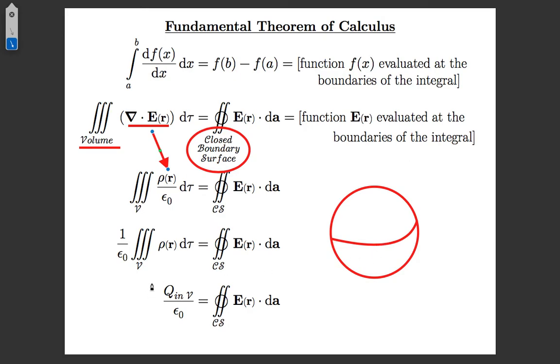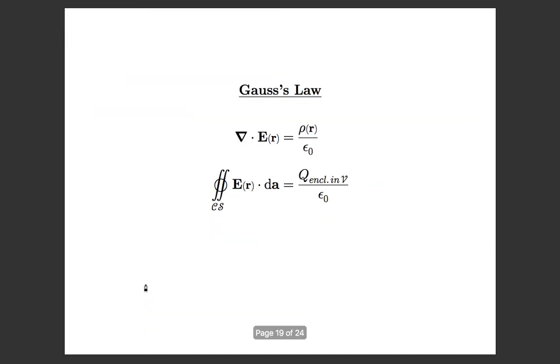But anyway, this is most likely the form of Gauss's law that you are more familiar with, that the integral of E over a closed surface is equal to the charge enclosed by that surface divided by epsilon naught. And so if we put these together, we have two forms of Gauss's law.